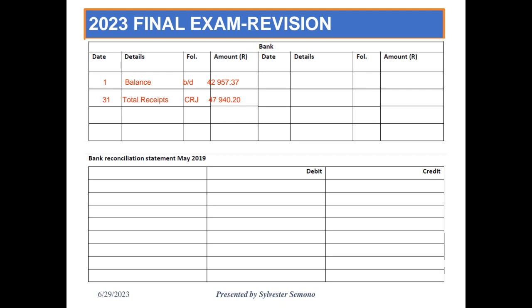That's how I must record it. Can you see now? I said total receipts. That is the amount. I must also go to the other side, but on the other side I'm going to put total payments.